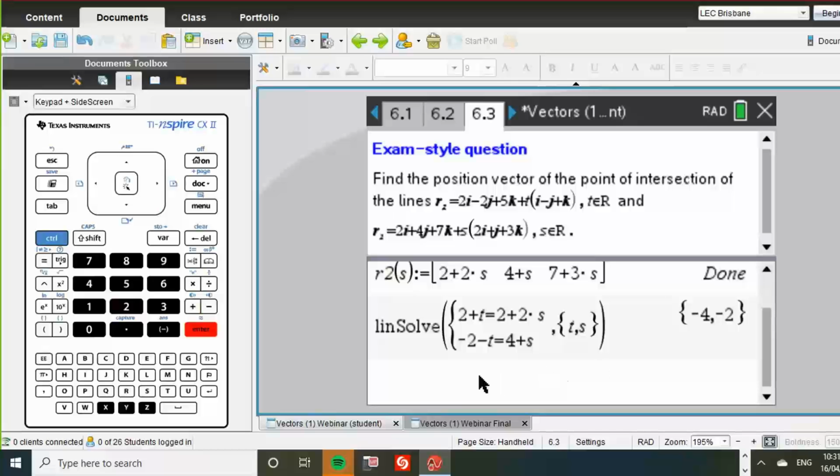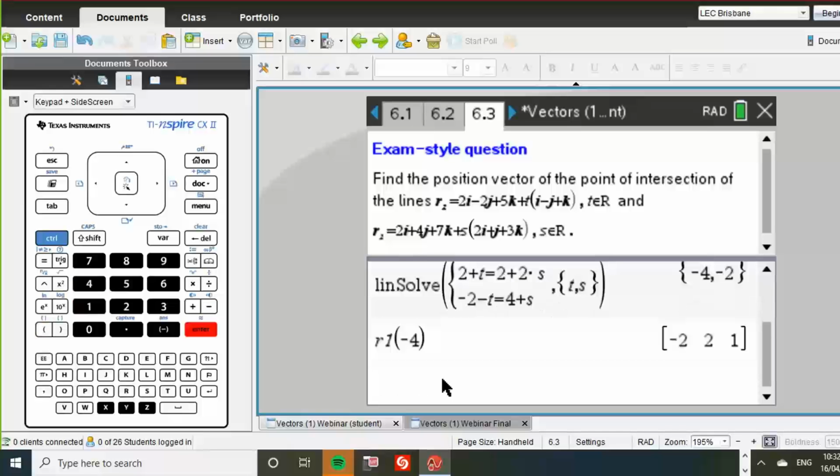To verify this, if we now go r1 of -4, we get the position vector -2i plus 2j plus k.